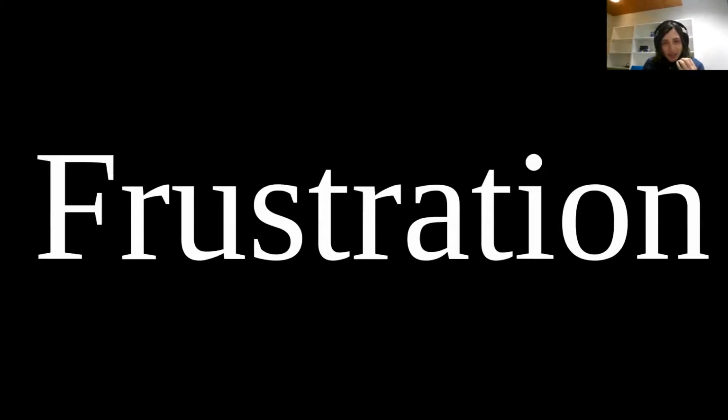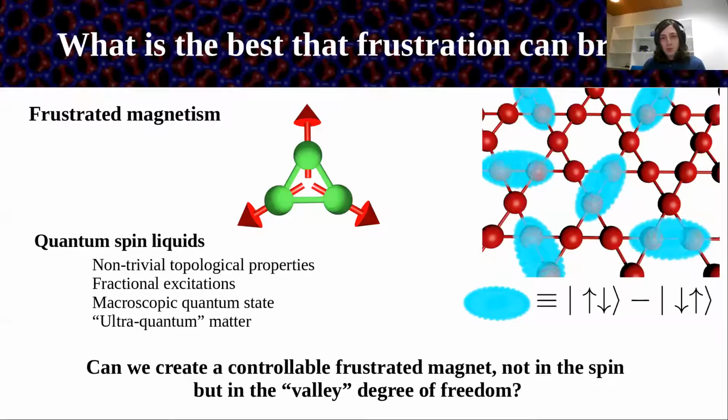And let me just be clear here. When I'm telling you that I want to tell you about frustration, I am actually not referring to negative emotional frustration. The frustration that I would like to tell you about is a positive frustration. It's a frustration in which physicists thrive. It is the frustration that we find in magnetic compounds.